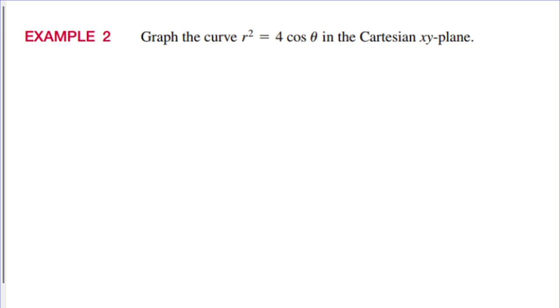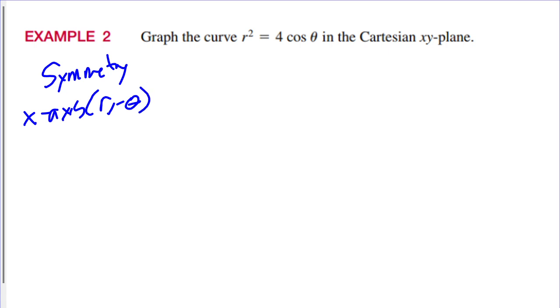Example 2, graph the curve r squared is equal to 4 cosine theta in the Cartesian xy plane. Again, let's look for our symmetries. For x-axis, we're going to plug in r, negative theta. Cosine of negative theta turns back into cosine of theta, so we get r squared equals 4 cosine of theta, which is the same.